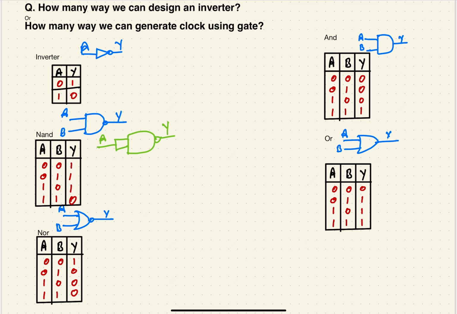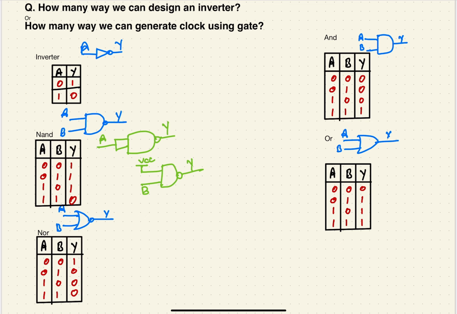If A is 1 and we see B and Y, it looks like an inverter truth table. So we make one more inverter with the NAND gate, in which we make A as VCC and B as an input, and Y acts as an inverter.